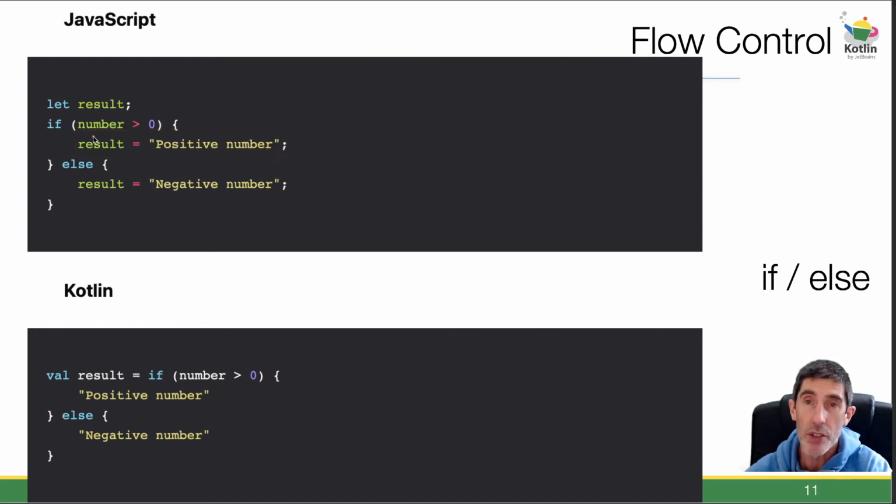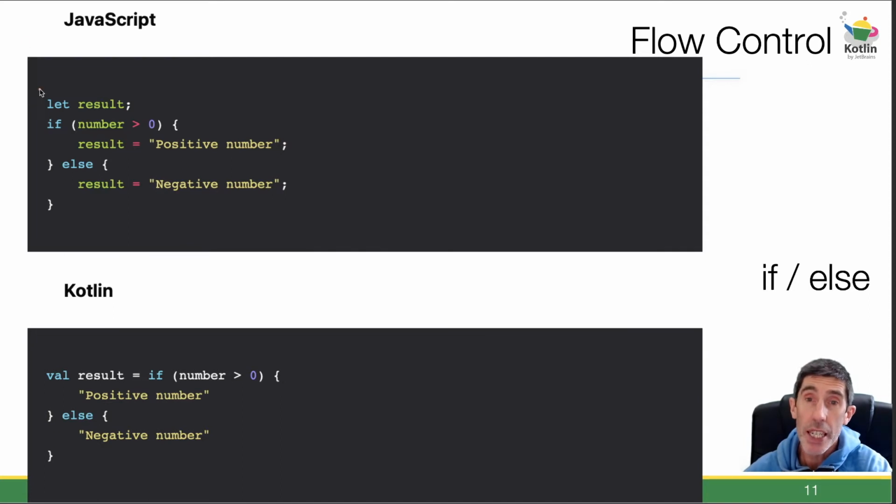So if number is greater than 0, we will do this, else we will do this. But as I say, because in Kotlin if is an expression, we can say something like this. We can say val result is assigned, and then our if statement, and this is the result that is returned and stored in our value result. So a lot neater, a lot tidier.